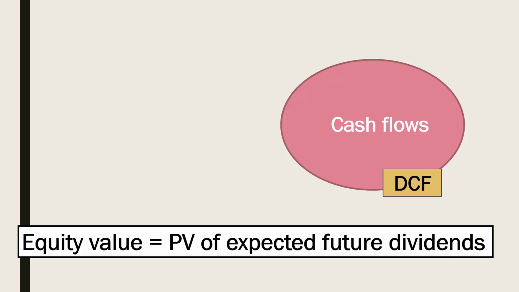For this reason, it is possible to focus on cash flows rather than dividends when valuing equity in a firm. A valuation of the equity in a firm based on discounting future free cash flows, DCF, of a firm draws on the same theoretical base as a valuation based on discounting future dividends, namely the value of equity is the present value of expected future dividends.